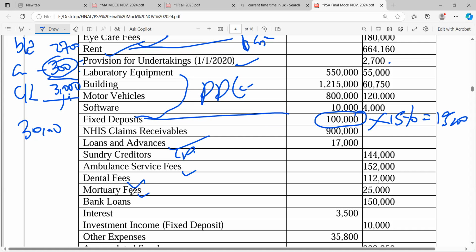The last item, mortuary fee, all of them are IGF. Bank loans, non-current liability, interest, line item.